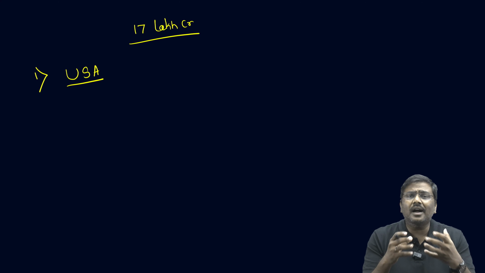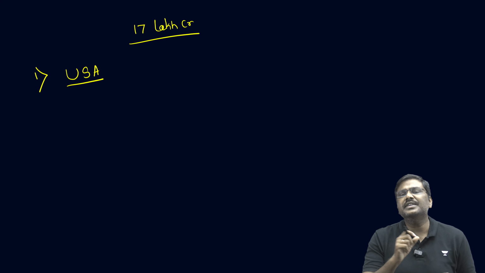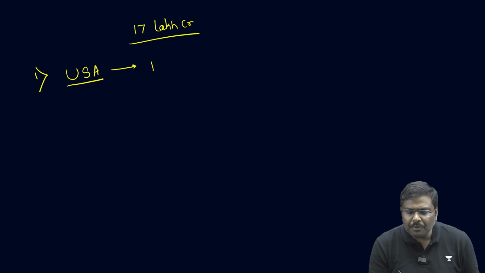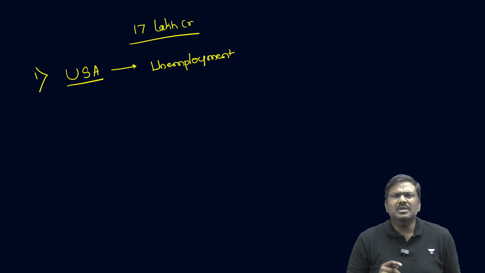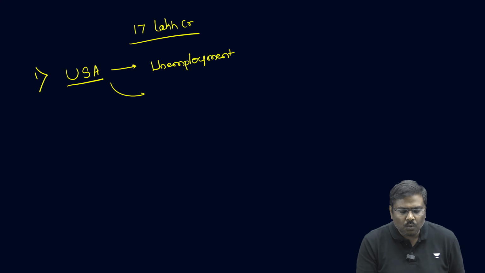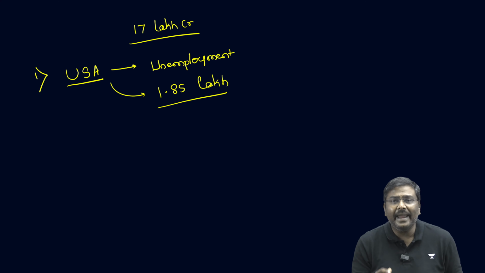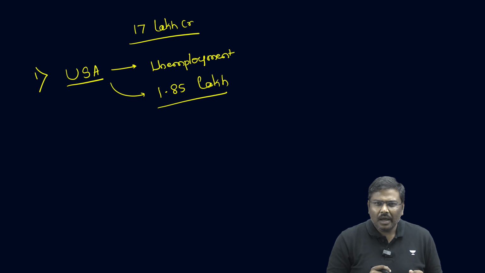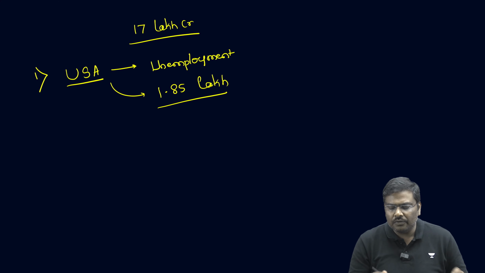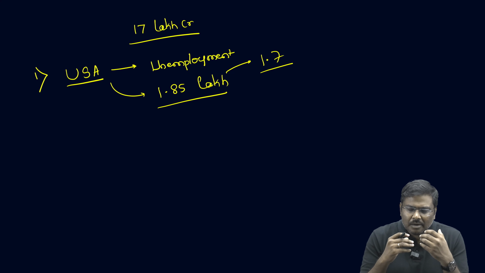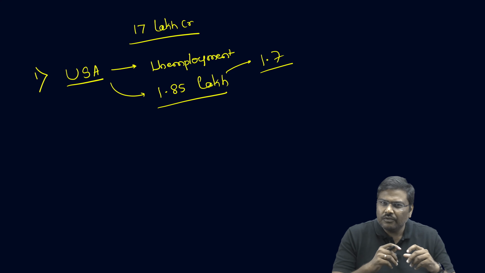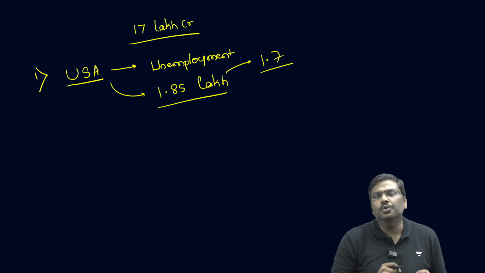Very recently, certain data has been published for the USA market regarding employment as well as unemployment. For the month of July, the market in USA was expected to create around 1.85 lakh jobs. And this was on the background of the market creating somewhere around 1.79 lakh jobs for the previous month, that is for the month of June.